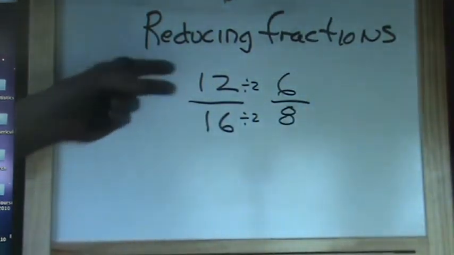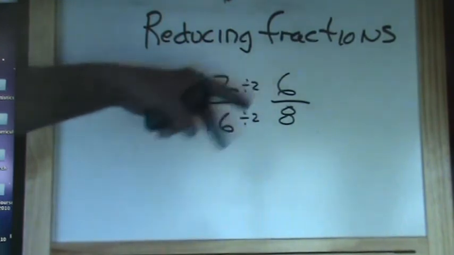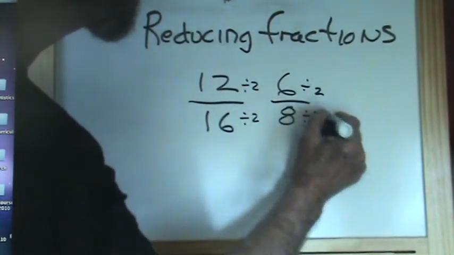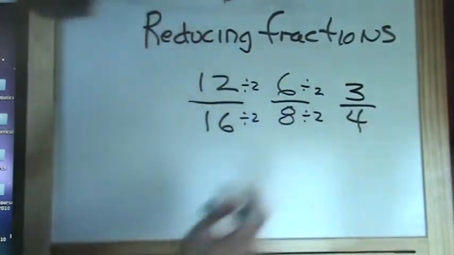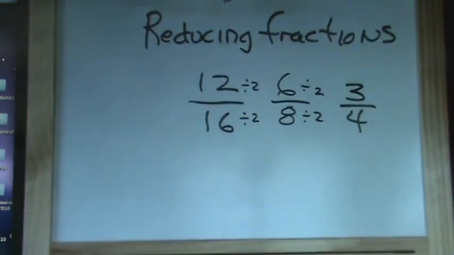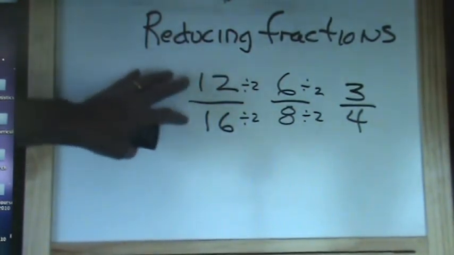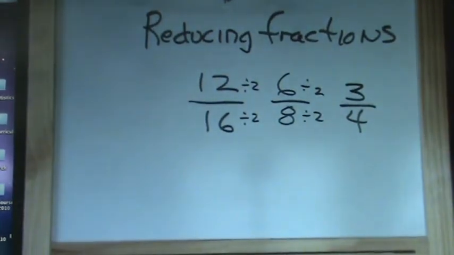And then I said to myself, is there any other number that will go into these two? Yeah, they're both even, so the number 2 will. So I'll divide by 2 and divide by 2. 2 goes into 6 3 times, 2 goes into 8 4 times. So I wind up with the same answer. It's just that by not picking the biggest number, in this case 4, I have an extra step, but that's okay.